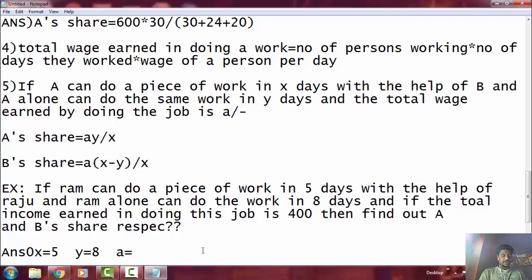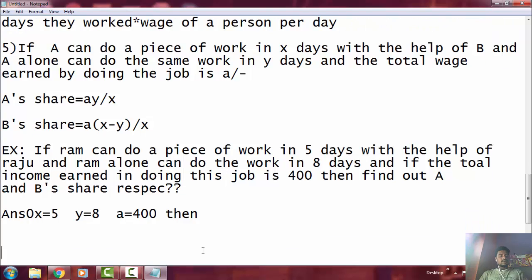A is equal to 400. Then A's share is equal to 400 into y, what is y? 8, divided by 5. That is equal to, you can write it down.